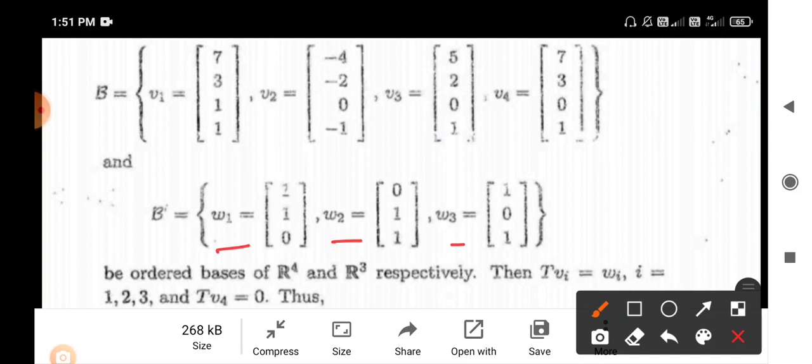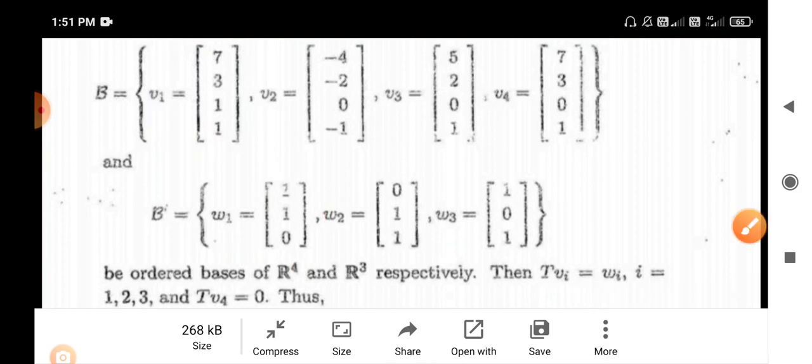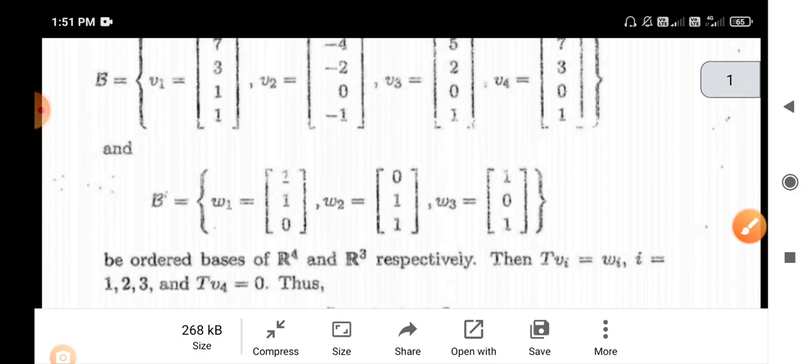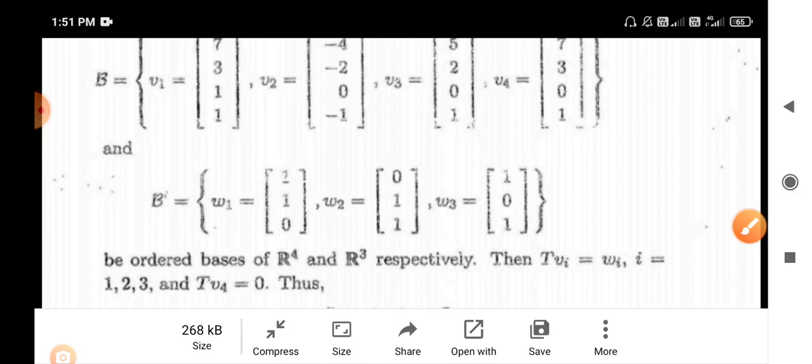Then we define a mapping, the linear transformation T, of Vi, that is the elements of this basis, equals Wi for each i. So in that way T of V1 is W1, T of V2 is W2, T of V3 is W3. So what is T of V4? We substitute T of V4 equal to 0.